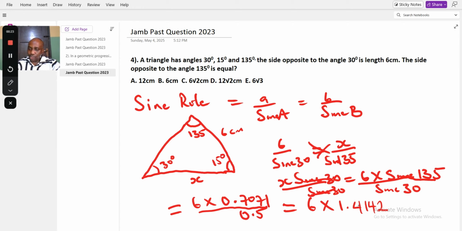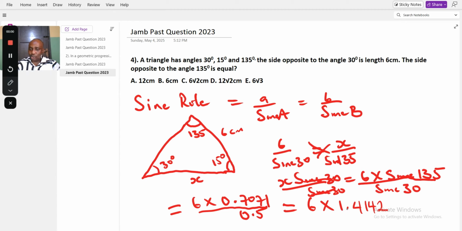How are we going to replace this 1.4142? It's the same thing as the square root of 2. Let's press our calculator to look for the square root of 2. What is the square root of 2? It gives us 1.4142.